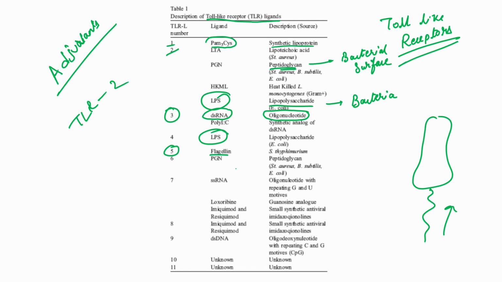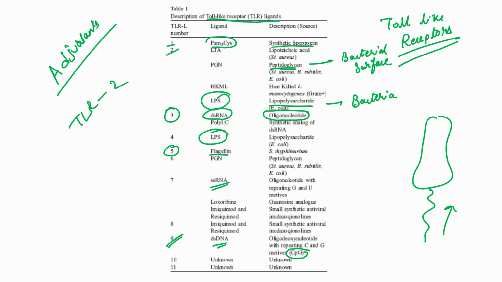Similarly, you can have other types of single stranded RNA also being recognized, and double stranded DNA. It just depends on the different applications. There could be certain types of patterns within the nucleotides. So, if it is high in CG content, maybe TLR9 is going to get activated. There are several of them and you do not need to remember all of these, but some of the major ones you can.